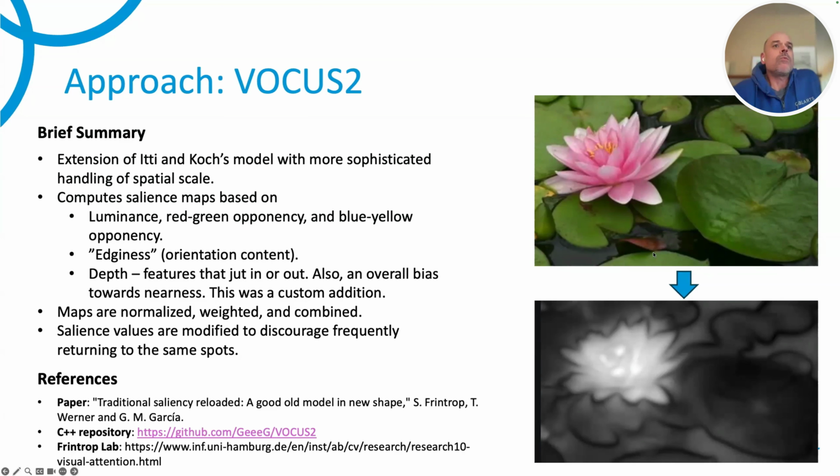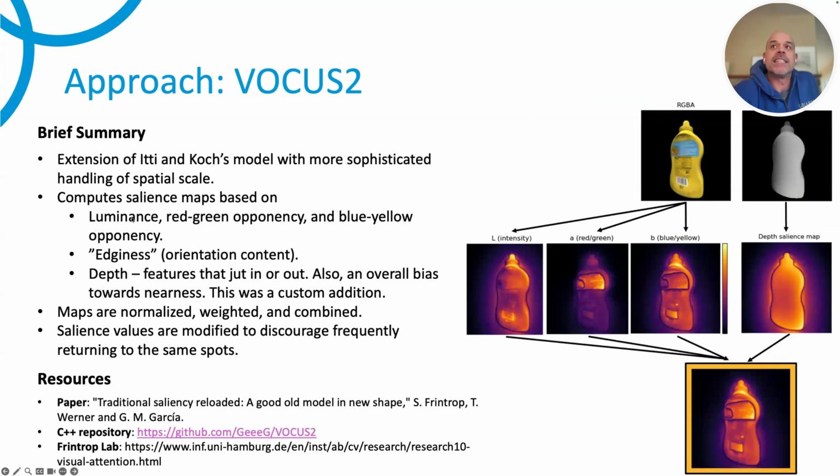But the main idea behind it is that you've got luminance, red-green opponency, blue-yellow opponency. We added the depth salience. That's kind of our extension to the system. There's orientation salience.